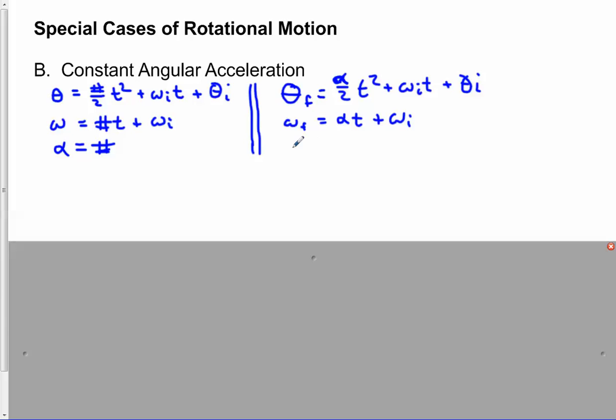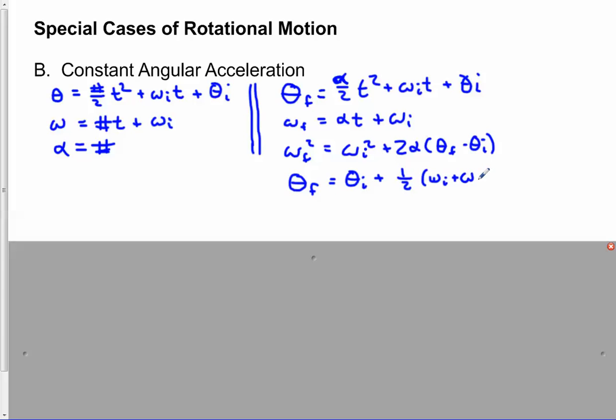And then the other two are going to be omega f squared equals omega i squared plus 2 alpha times theta f minus theta i. This just comes from some algebra on these other ones. And then finally, theta f equals theta i plus 1/2 times omega i plus omega f, times t.